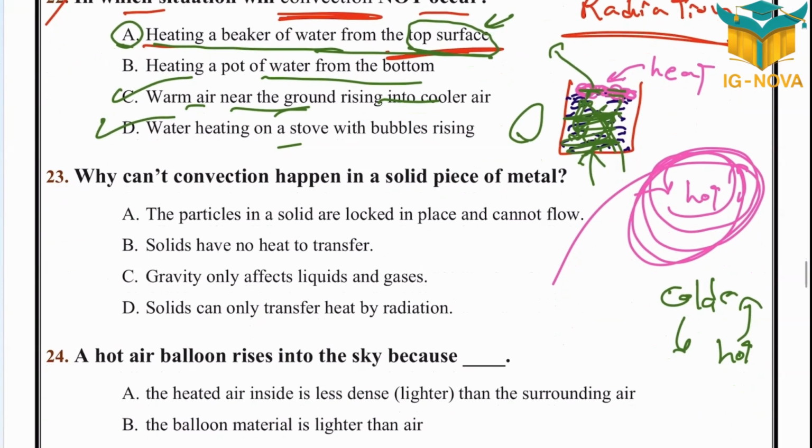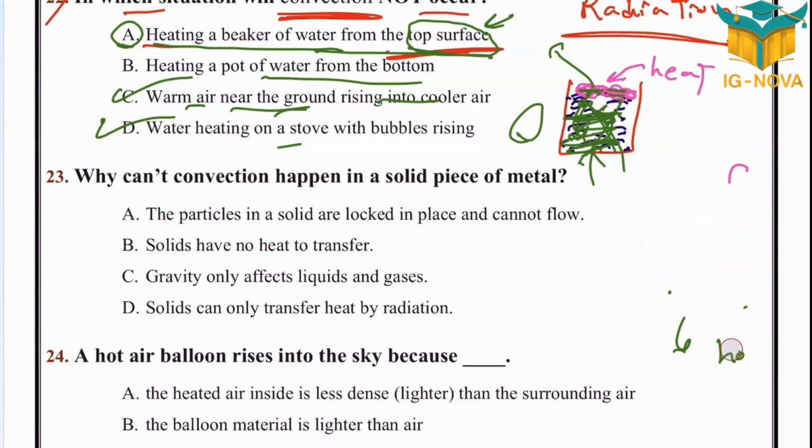Question 23. Why can't convection happen in a solid piece of metal? For convection, you must have free or slightly free molecules able to move up and down due to heat.